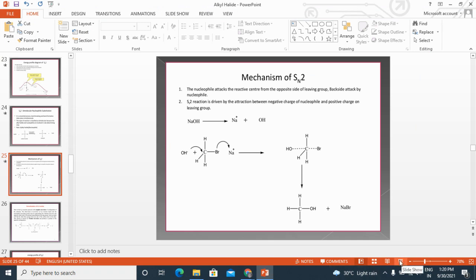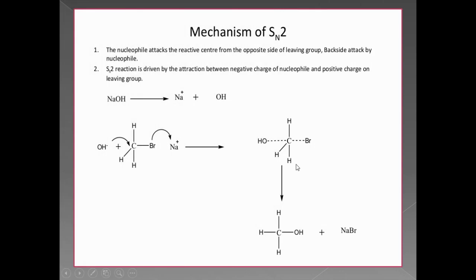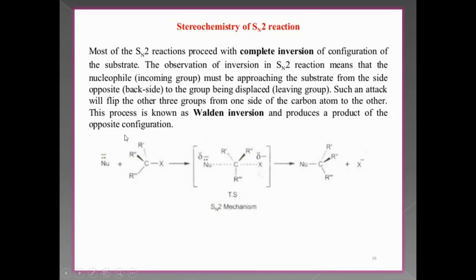So again, focus here. We have reached the transition state which is formed during the SN2 reaction. Let us see the stereochemistry of the SN2 reaction and how it occurs. Here, a centrally situated carbon atom is present. The R1, R2 and R3 groups are on one side as the tetrahedral structure is here, and X is the better leaving group, but it withdraws from all these alkyl groups, and that's why they are on one side and X is on the other side.